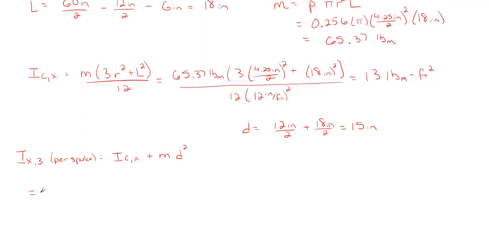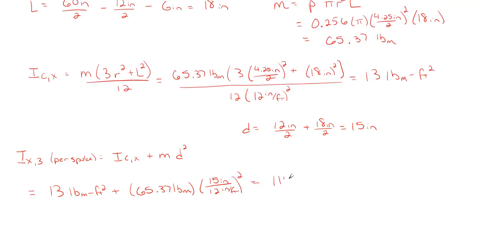Okay, so let's just go ahead and plug in here. We have our 13 pound mass feet squared, and we're going to add in our overall mass, which was 65.37 pound mass, times our dimensions, which would be 15 inches. And of course, we need to convert that, 12 inches per foot, squared.